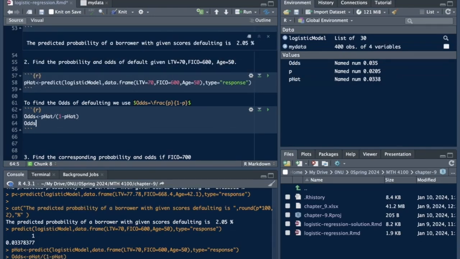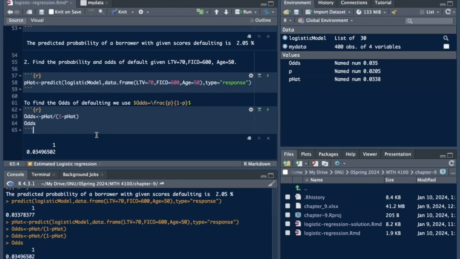Then let's look at the odds. The odds of defaulting is approximately 0.034 compared to the odds of not defaulting. It's negligible, it's about 0, right? So we said if the odds are much less than 1, which is our case, that suggests that this event is less likely to happen.